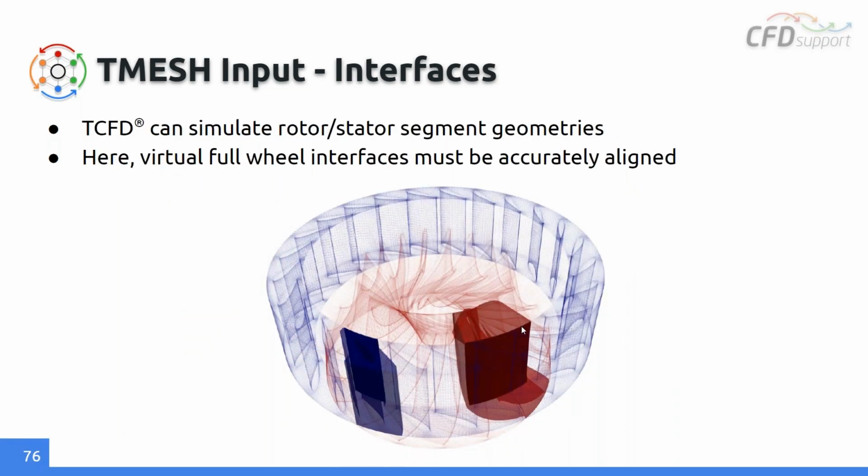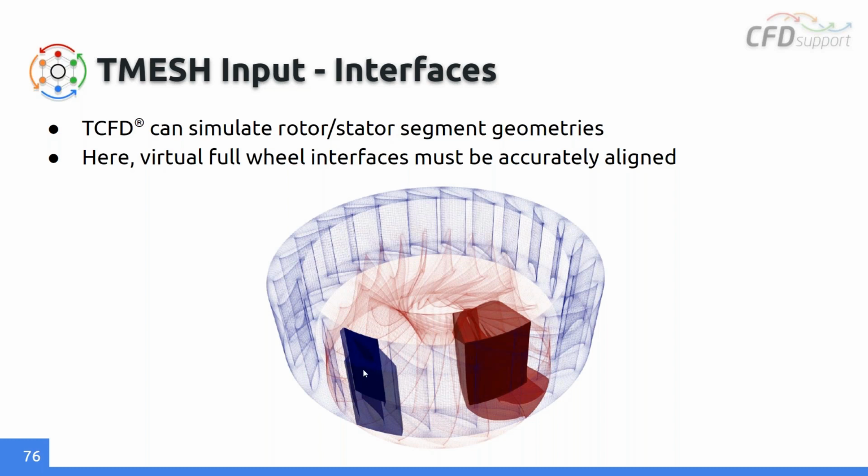There is an exception for axial machines, or for machines where you can define some rotational symmetry. Then you can save a lot of cells if you simulate just a segment of the full wheel geometry. In this case, the interfaces must be aligned in the sense of the full wheel geometry.